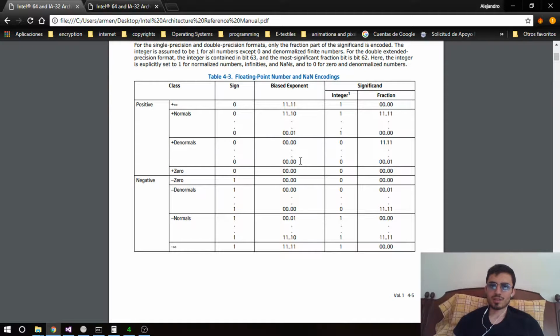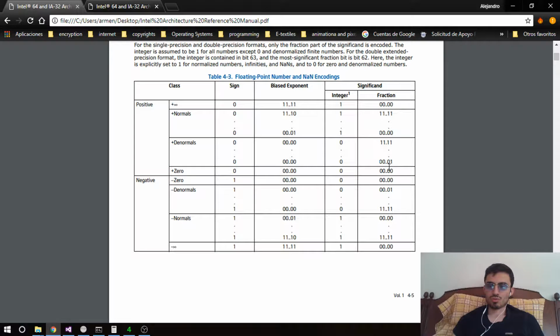And the interesting part is that the normals don't use exponents at all. Why don't they use exponents? That's my question.